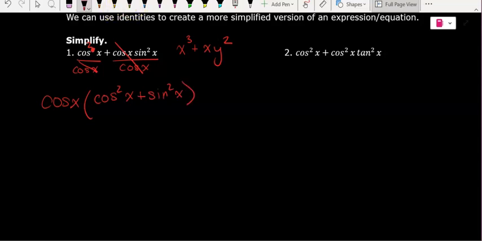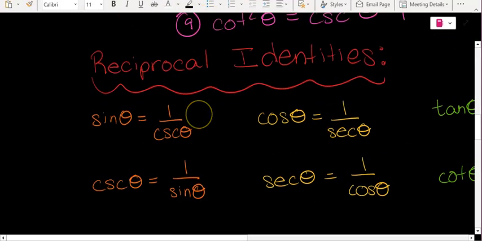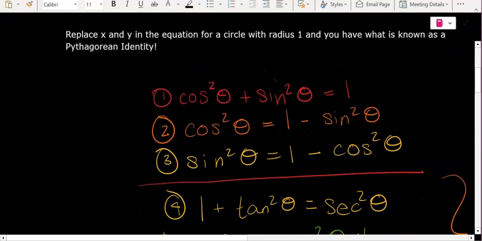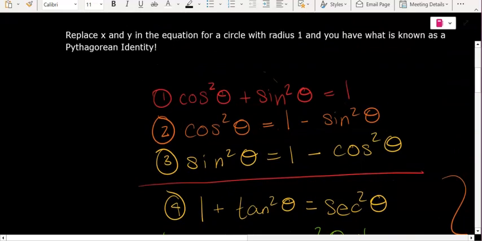Now, because I know my Pythagorean identities, I should see right here on the inside that cosine squared plus sine squared sitting right there. And I should know from my Pythagorean identities, well, that's our very first one. That's the most important one that we learned. That's what all of these are based off of.